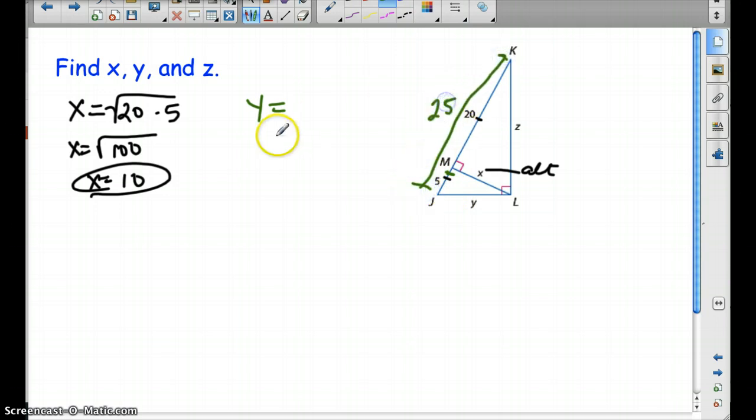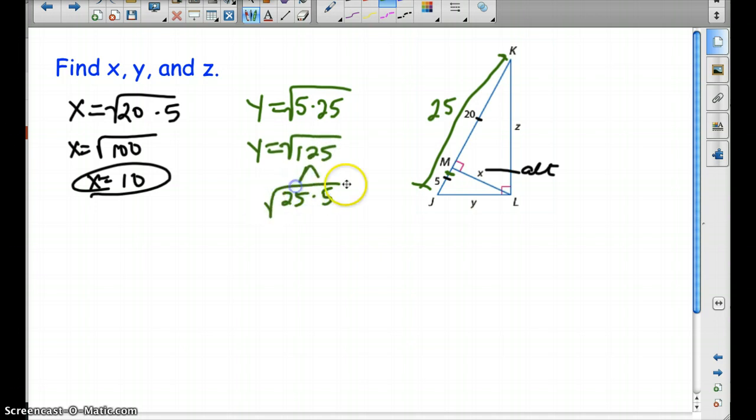It's 25. So it's the square root of 5 times 25, and y equals the square root of 125. Is there a perfect square that goes into 125? Yep, 25 and 5. So y equals 5 square roots of 5.